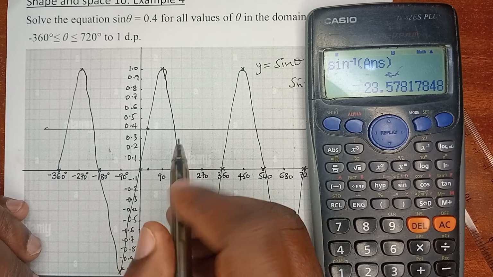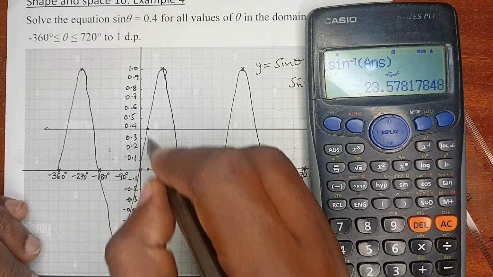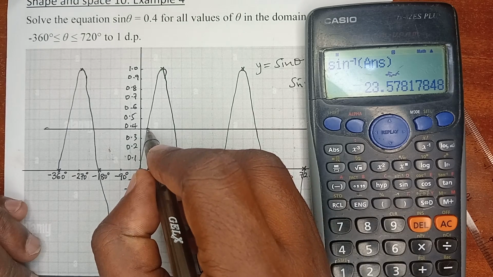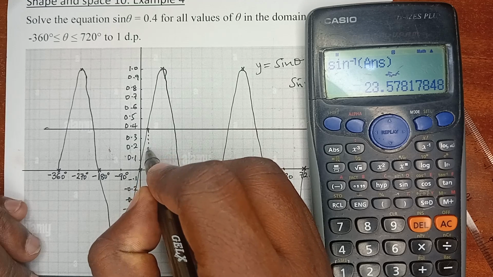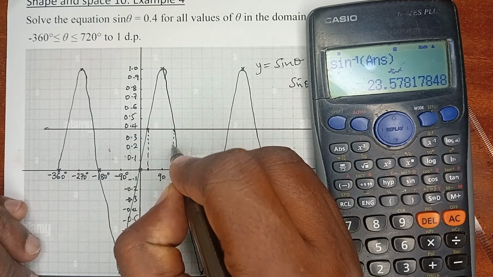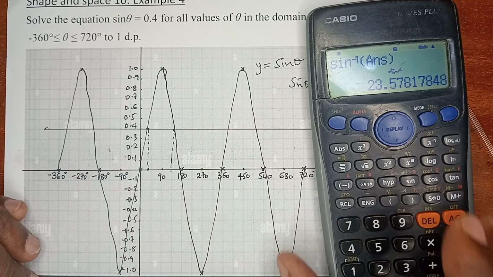Because of symmetry, if this is 23.6 degrees, then this one is also 23.6 degrees. By symmetry, we also have 23.6 degrees away from 180.